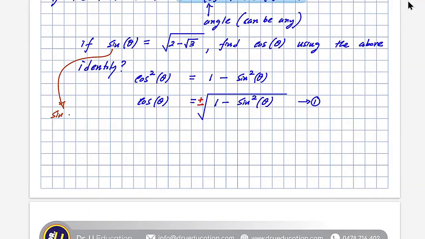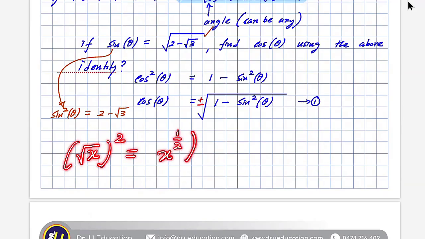So you can see when you take sine squared theta, the outer square root is gone. It will disappear. Outer square root means this one. So the answer would be 2 minus square root 3 only. The concept is this. If you have square root of x, and when you square, what will happen? X to the power half and 2 is here. So this 2 is gone, answer is x.